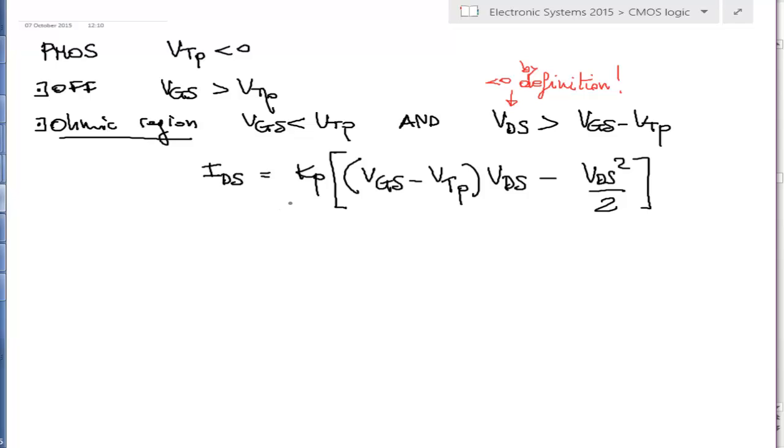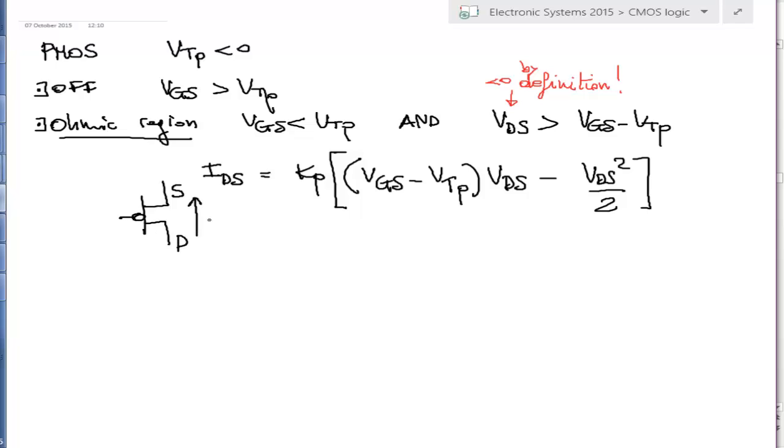We should be careful with the sign here, because this VGS minus VTP is negative, VDS is negative, so the product is positive. This is negative, so totally this term within square brackets is positive. So with this sign, IDS is positive. Typically, since the terminal at a higher voltage is the source, we can write something like this. So this is the PMOSFET, this is the source, this is the drain.